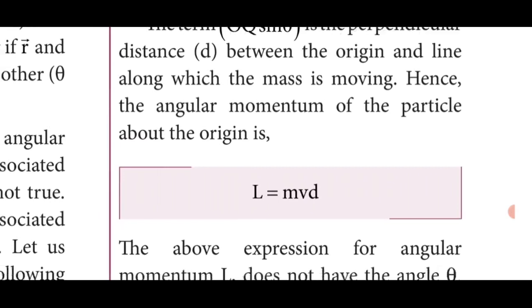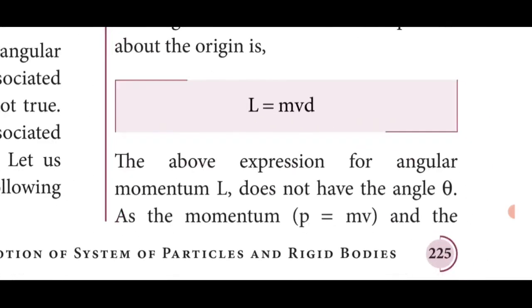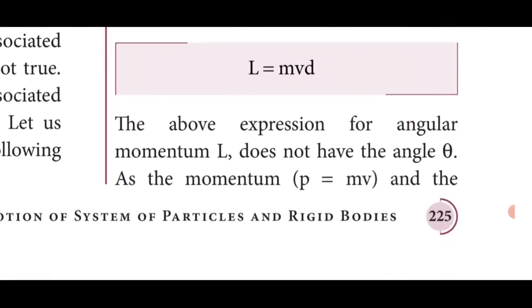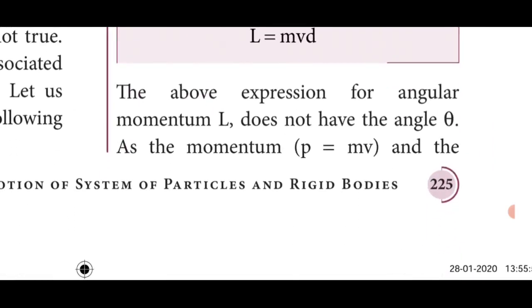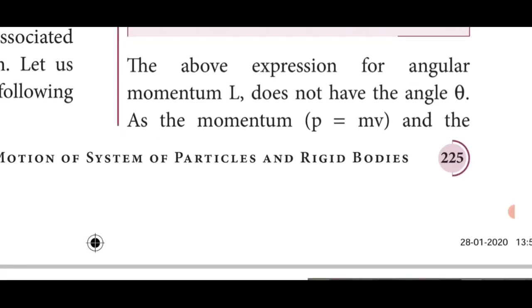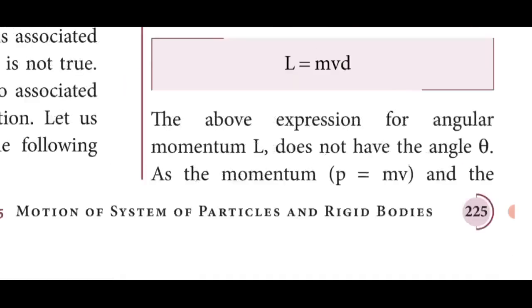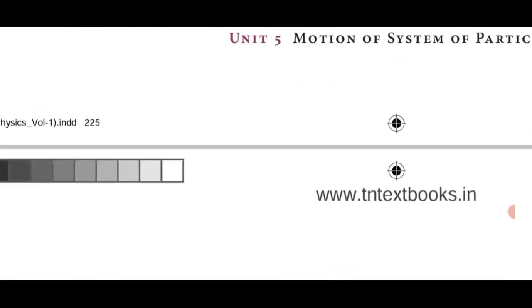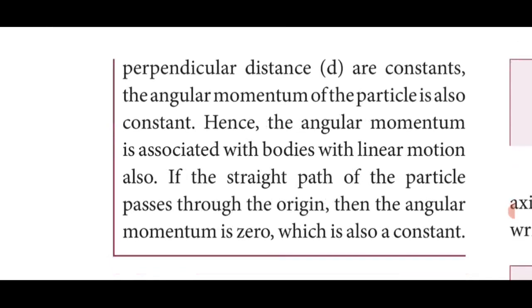Hence, the angular momentum of the particle about the origin is L equal to mvd. In this expression, the angular momentum L does not depend on the angle theta. The momentum p equal to mv and the perpendicular distance d are constant, so the angular momentum of the particle is also constant.